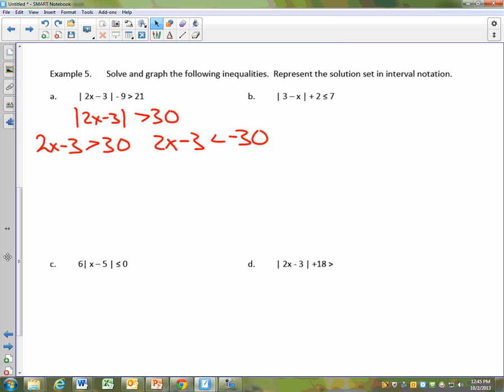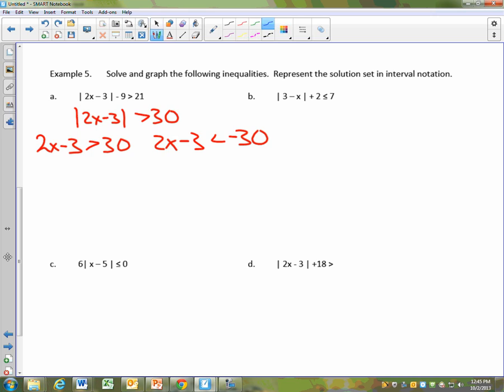I set up two inequalities when I take off the absolute value signs. One that's positive, one that's negative. The negative one we have to flip the sign for. Okay? So two of them. The first one's exactly like the first one that's set up. The second one is different in the sign of the 30. It changes to negative, and the inequality sign flips as well.